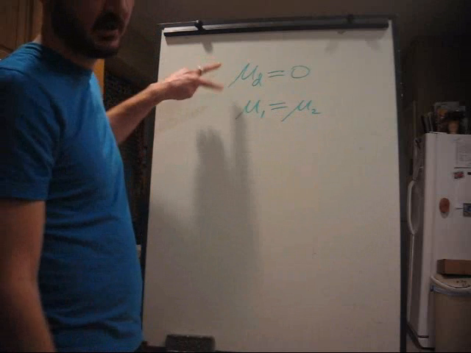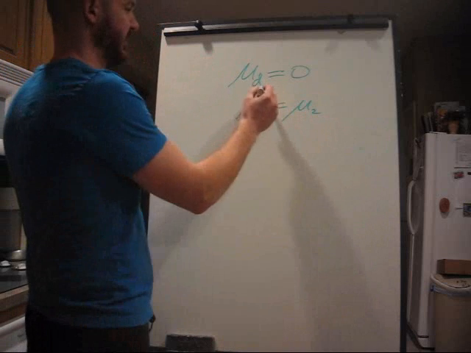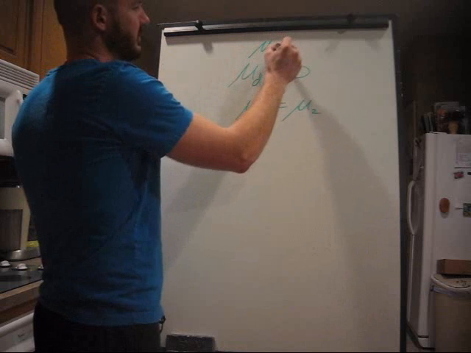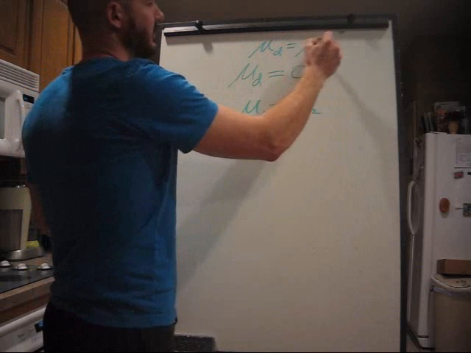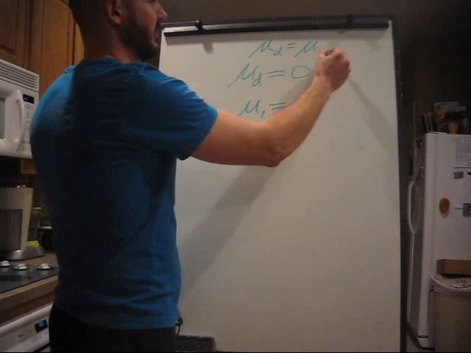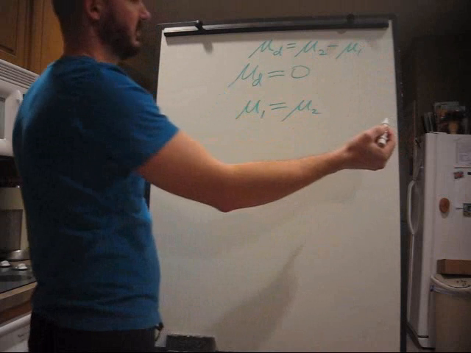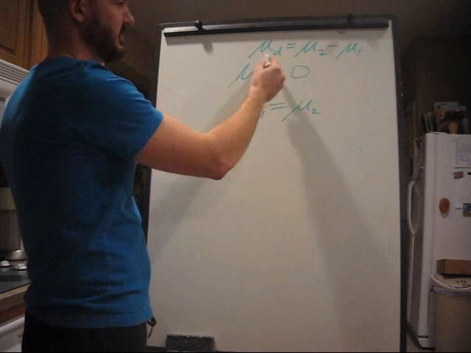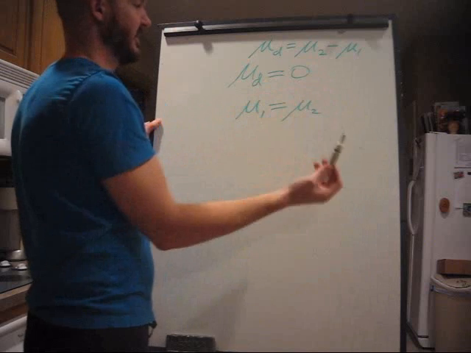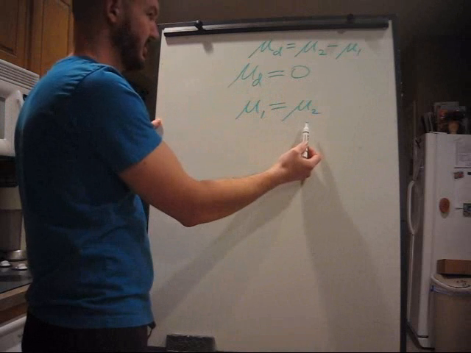The way I'm using it, they're interchangeable, because in the previous problem I did, mu sub 2 minus mu sub 1 equals mu sub d equals 0. So just saying that the difference between the two is nothing, which is the same thing we're saying here.